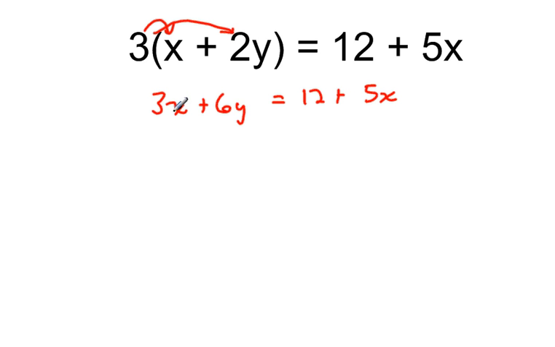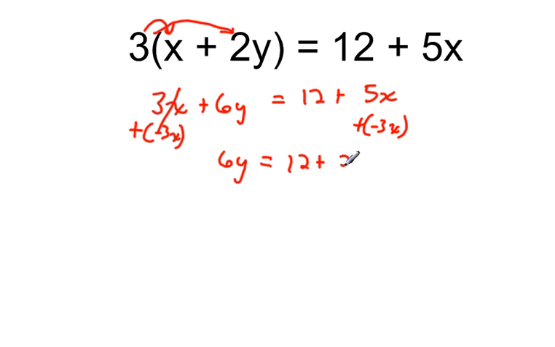We have our y term on our left, so we need to move our 3x over here. So we're going to add negative 3x to both sides. Combine it with the 5x that's already on the right. That cancels out. We have 6y is equal to 12 plus 5x plus negative 3x, which is 2x.